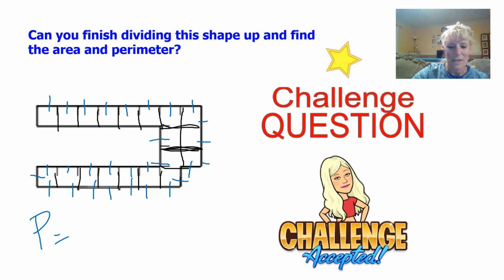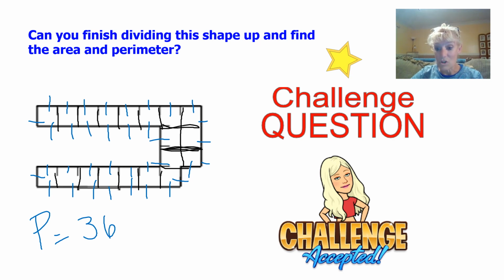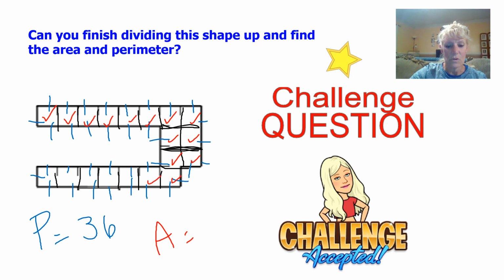This is getting tricky. 30, 31, up to 36. All right, did you get 36 for your perimeter and for your area? Let's see what you got there. 1, 2, 3, up to 19.